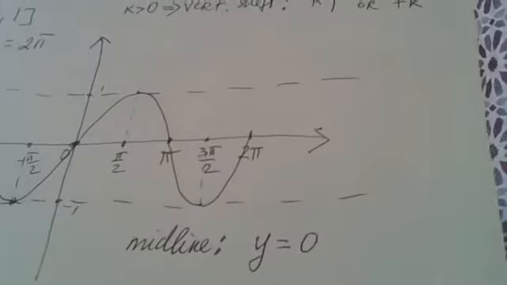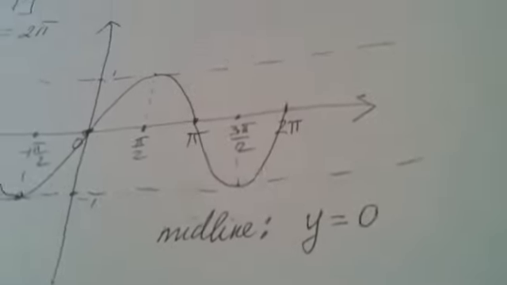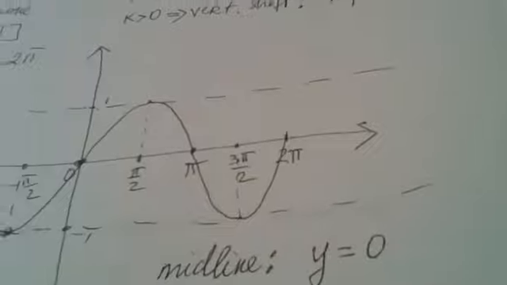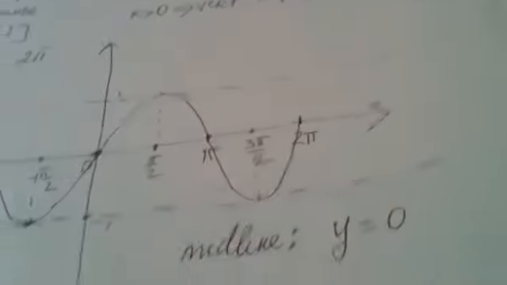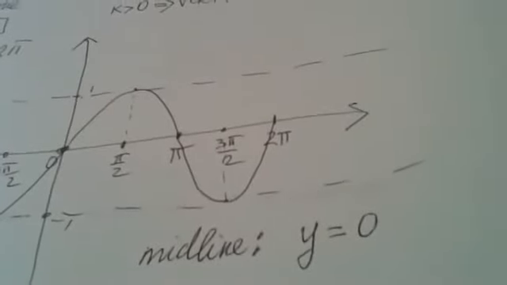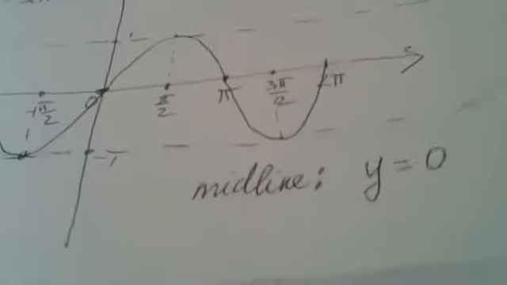Can you please write below this graph that y equals 0 is the midline of that graph. Please don't write just 0, because midline 0 does not make any sense. It should be a line. Y equals 0 is the official equation of the x-axis.